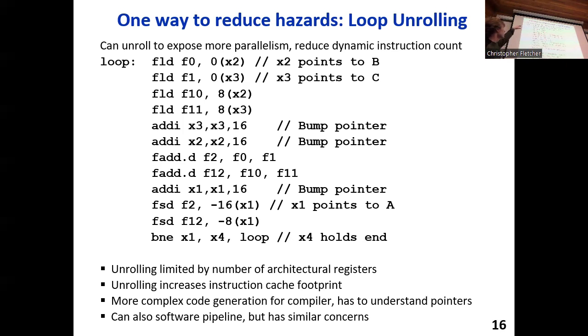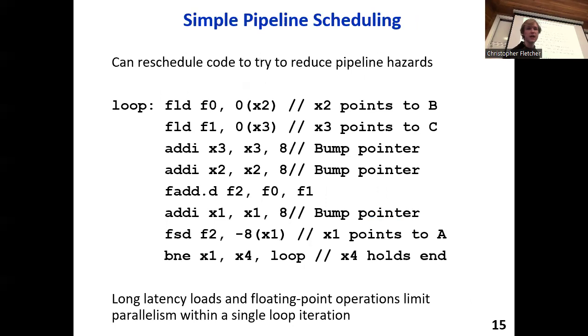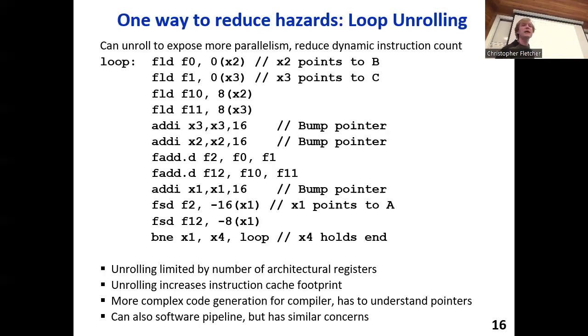Don't stare at this code too closely just yet, but notice that the 2 bump pointer operations are incrementing by 16 now, whereas originally they were incrementing by 8. So by loop unrolling, we get fewer instructions per program because we can bump the pointers less. The reason we can do that is that we can use the offset logic in RISC-V, namely 0 to x2, 0 to x3, 8 to x2, 8 to x3, to offset index into memory for a given bump pointer amount, which is no longer 8, but now 16.